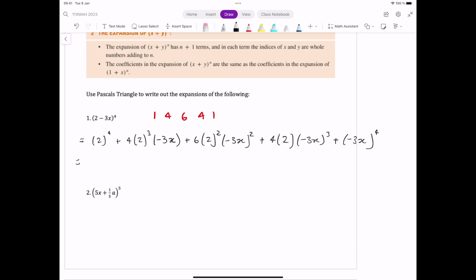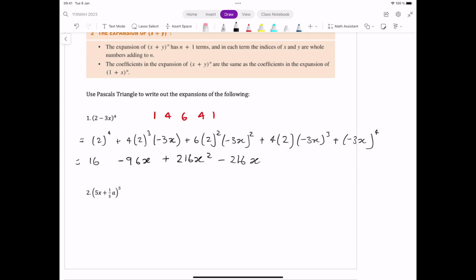Just calculating those coefficients, 2 to the power of 4 I believe is 16 plus 4 times 2 cubed times by 3, and that's actually going to be a minus, so we've got minus 96x. 6 times 2 squared times by 3 squared is plus 216x squared. 4 times 2 times 3 cubed is 216 again, and since it's an odd power, it's going to be a minus there.